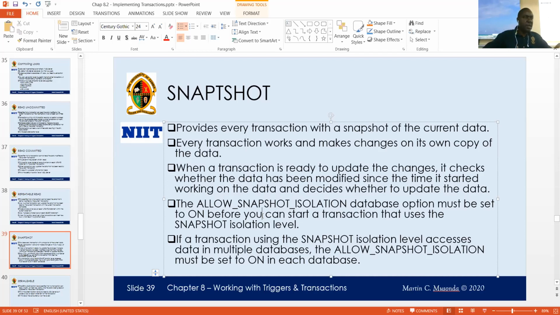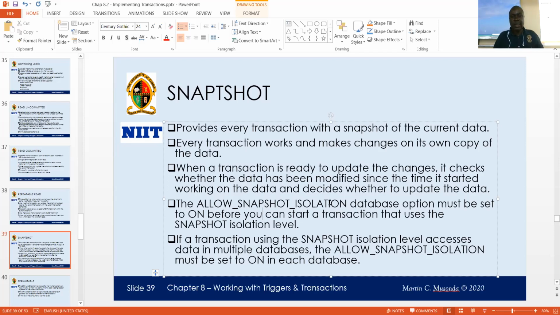So what happens is that when the transactions are being executed, maybe they are retrieving data or accessing data in two tables. Each of the transactions involved is going to take a copy of the data as it is in those tables at that particular time. And each transaction will be working with what data it has copied while leaving the original data in the table.